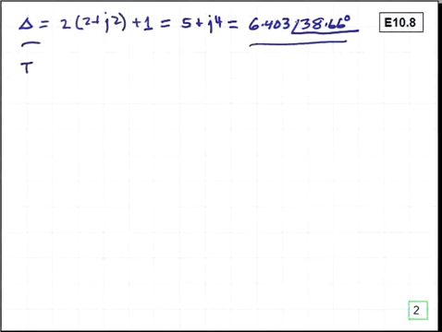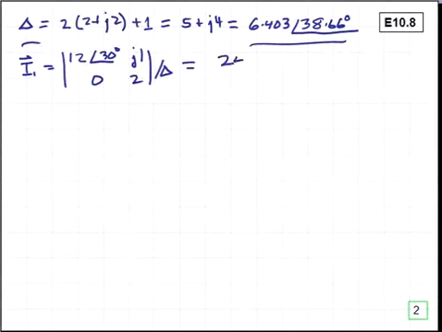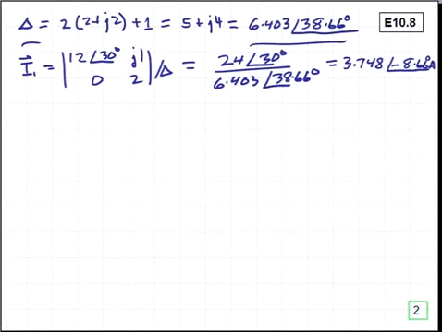Now we'll proceed with the solution for the I1 phasor current, which will be equal to the ratio of the determinants, which is equal to 24 at an angle of 30 degrees divided by the delta determinant expression, 6.403 at an angle of 38.66 degrees. And this result is 3.748 at an angle of minus 8.66 degrees amperes for the current I1.